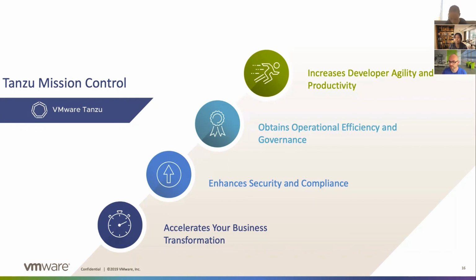Also, it reduces the learning curve for operators who are getting ramped up on Kubernetes, so that it's not super overwhelming. It's a straightforward and easy to use graphical user interface that they can leverage. And then it also enhances security and compliance with ongoing policies that are being developed and are extremely relevant, all to ultimately accelerate your business transformation.